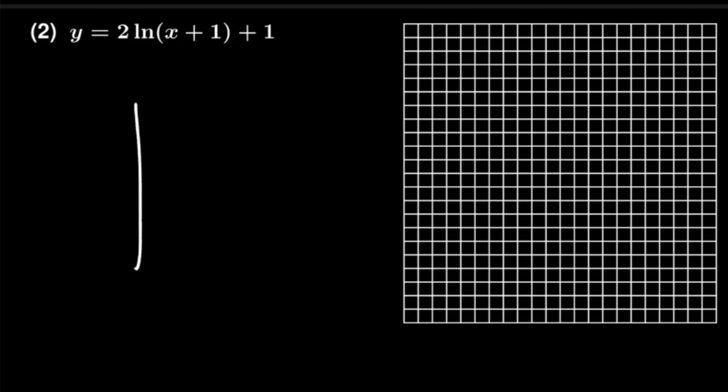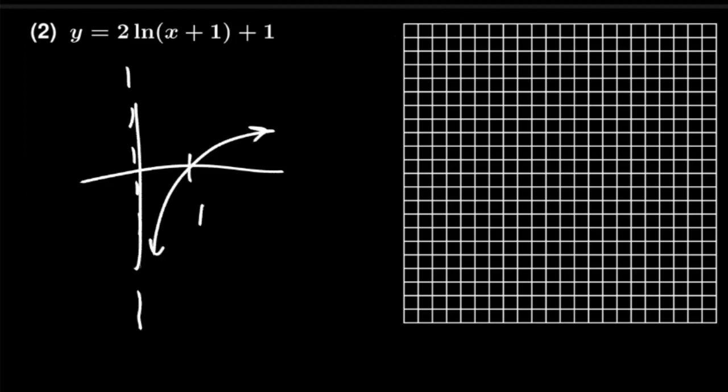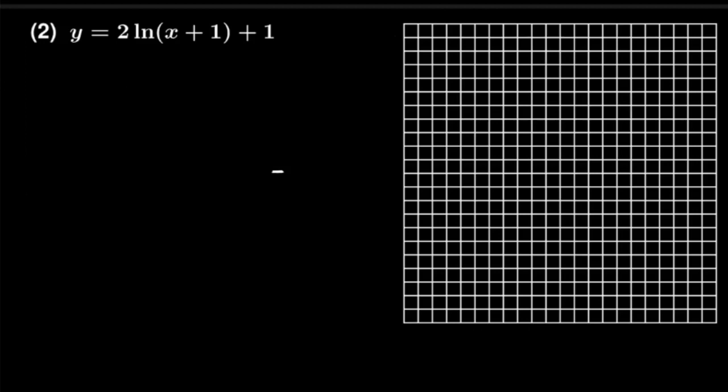The parent graph basically looks like this. There's a vertical asymptote there, and this intersects at 1. So, let's graph this thing. In order to graph it, we need to figure out the transformations, right? So, where are the transformations? We have this 2, this 1, and this 1.